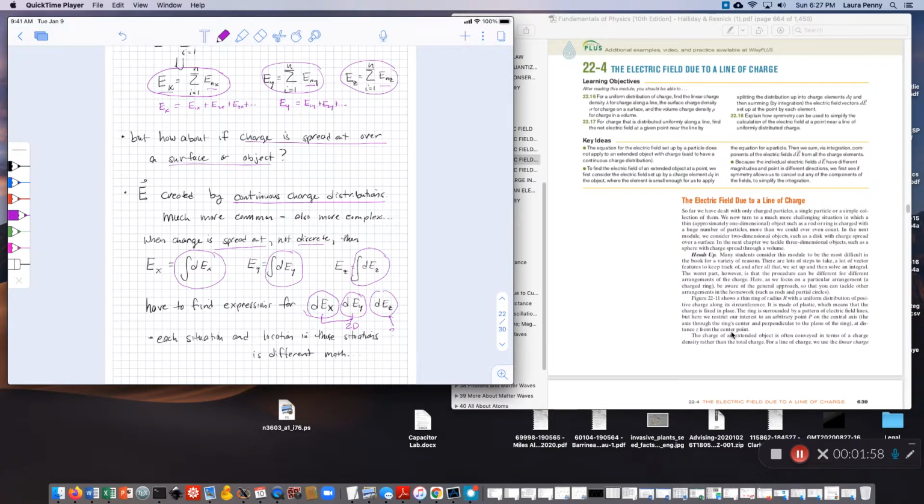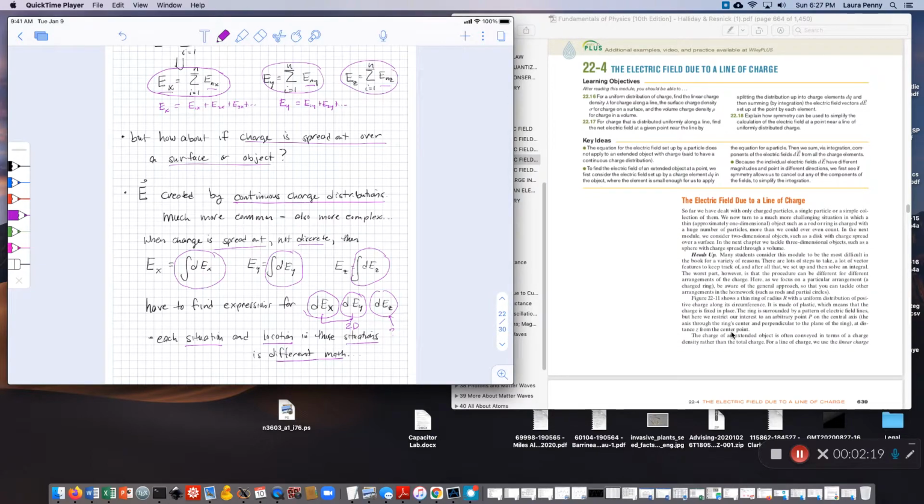Each situation that we're dealing with, each charge distribution, and each location inside that situation is generally a different mathematical integration that you have to do. We don't really get very far into this at all in Physics 112, which is probably good news to you.